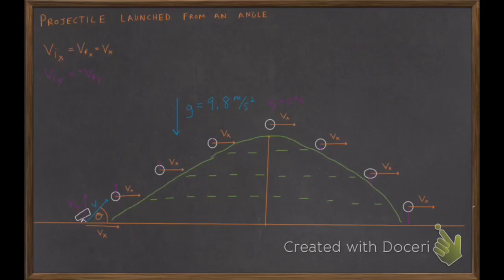Alright, so knowing this information, we should be able now to answer some questions on projectiles being launched from an angle. The only other thing that you may need to know is that the y displacement, well, let's put that in a different color. Let's make it green since we're talking about displacement. The y displacement is the height. So it's from here down.